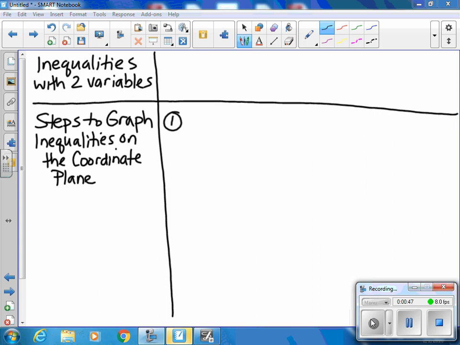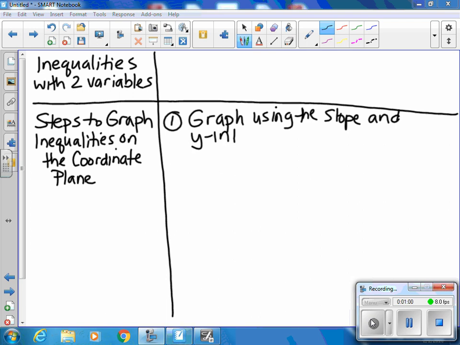All right, so the first thing you are going to have to do is graph using the slope and y-intercept, which means if it's not in slope-intercept form, you must put it there first.